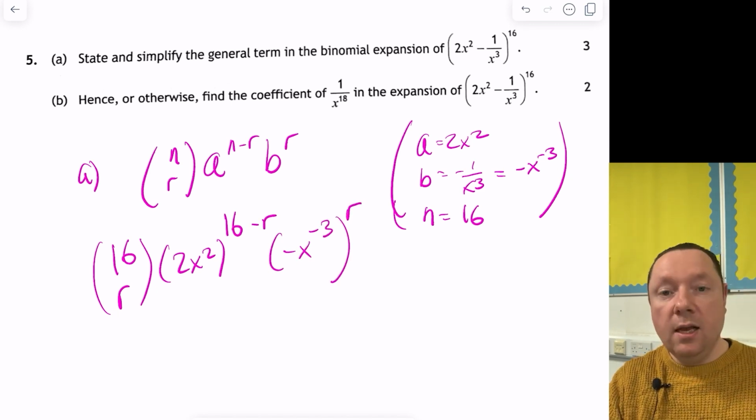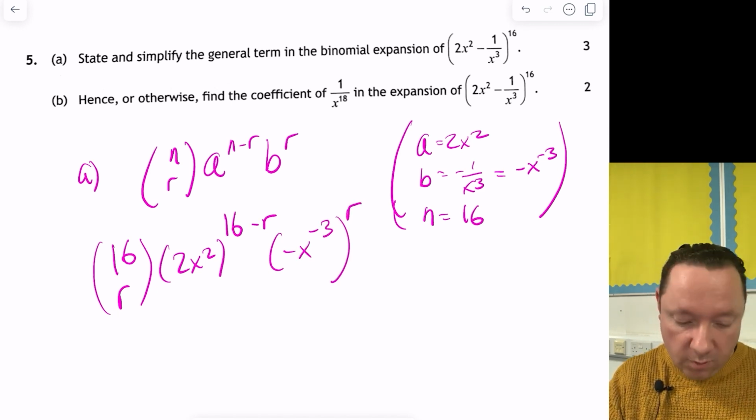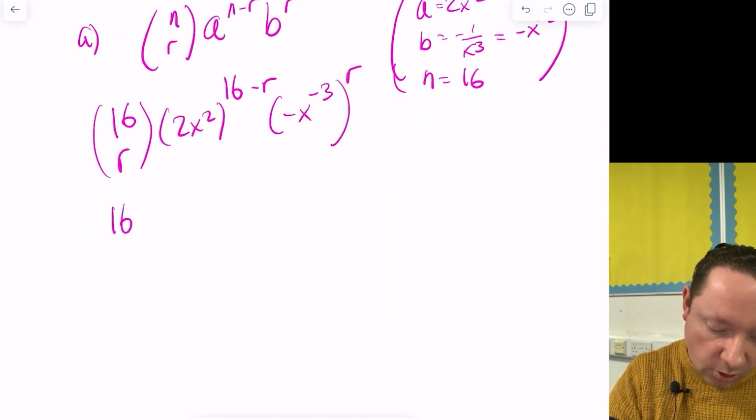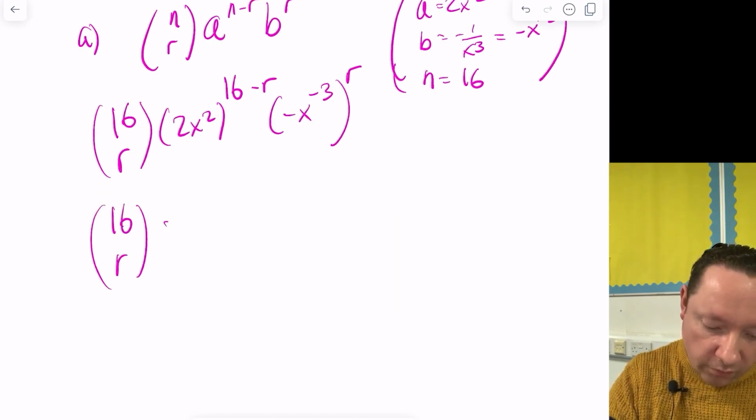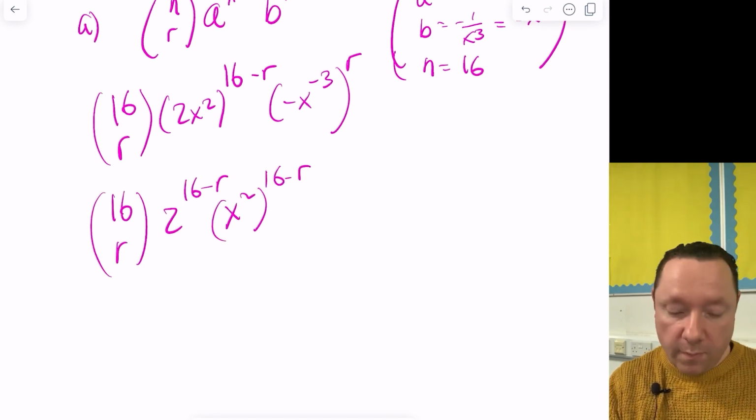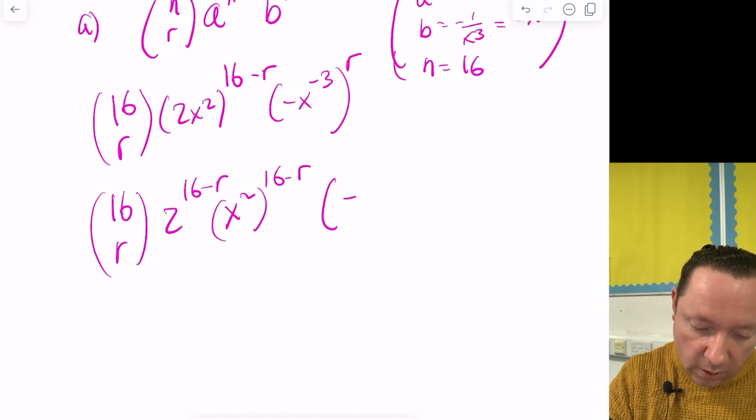And then we need to just collect the terms in terms of x's and numbers basically. So you've got 16 choose r, you've got 2 to the 16 minus r, x squared to the 16 minus r. So the minus x you can think of as being minus 1 to the r, and then this leaves you with x to the minus 3, so minus 3r.